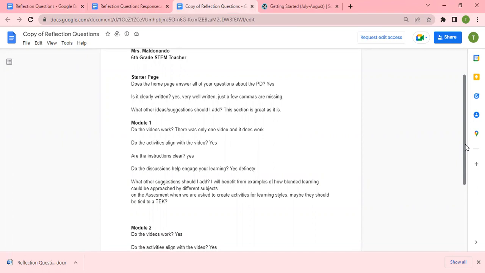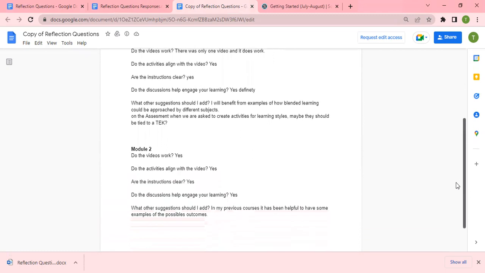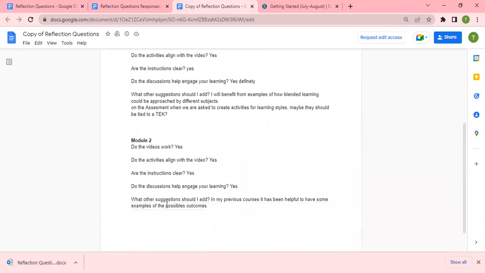Her suggestions were for examples of how blended learning could be approached by different subjects, and also providing possible outcomes for implementing blended learning in the classroom. She also mentioned that tying the learning styles to TEKS would be great.